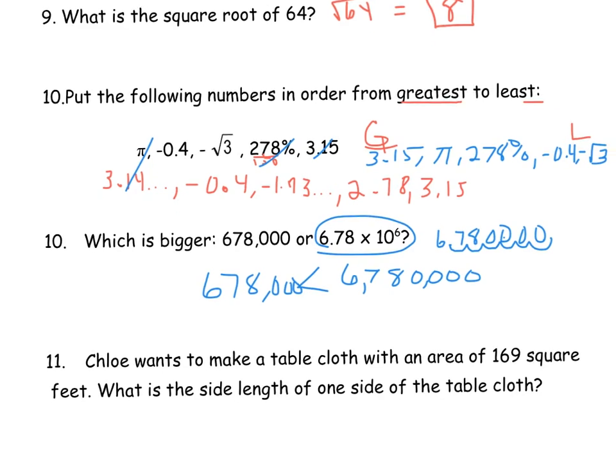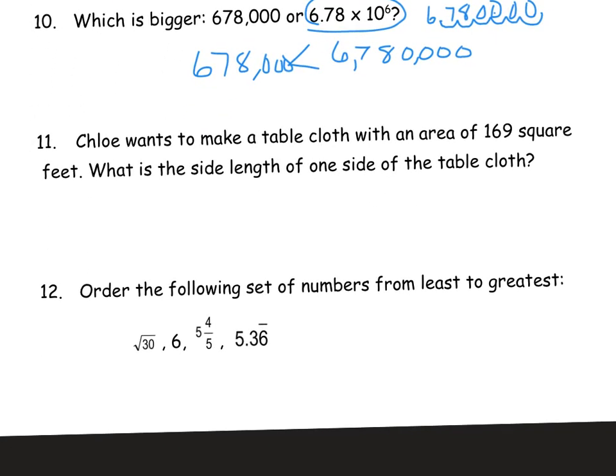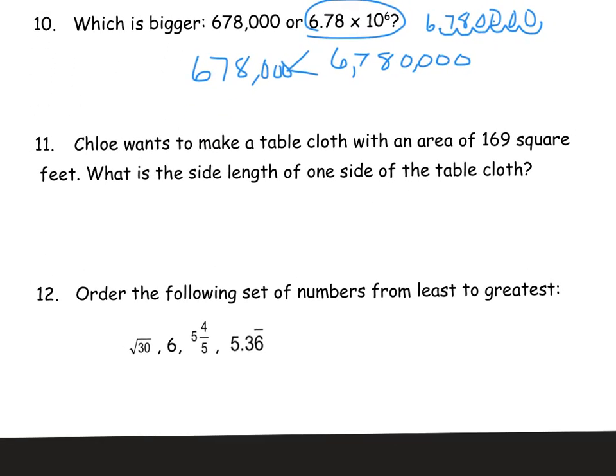Okay, moving on. Chloe wants to make a tablecloth with an area of 169 square feet. So she's wanting to make a cloth that is 169 square feet. So I need to know what the side length of the tablecloth is.